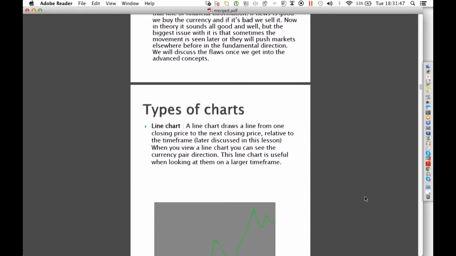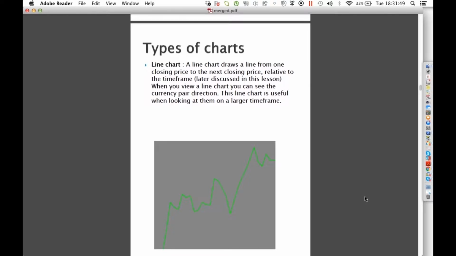So now we have different types of charts. All these lines and bars you're seeing, here's where they come in. The first chart we'll look at is a line chart. A line chart draws a line from one closing price to the next closing price relative to the time frame, which we'll discuss later on in the lesson.